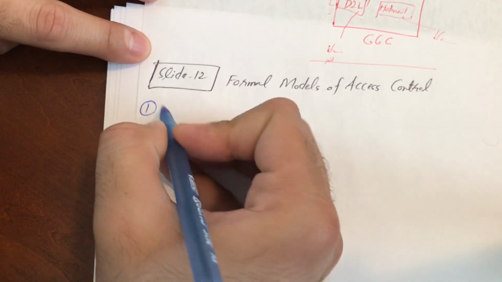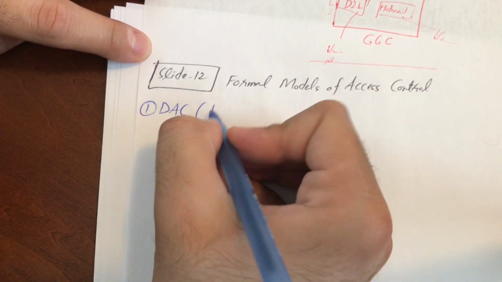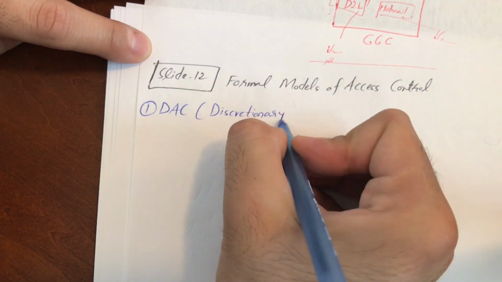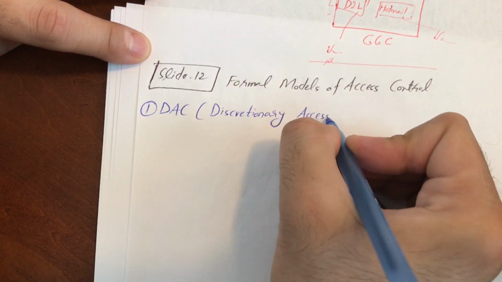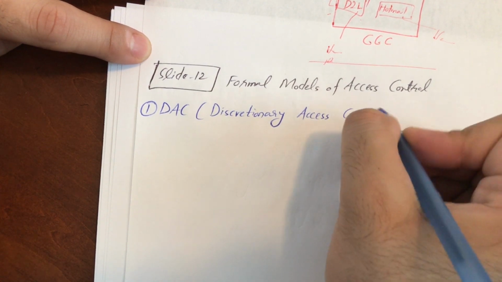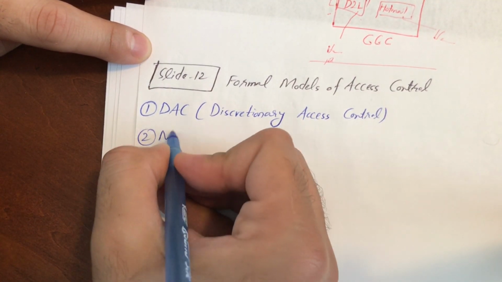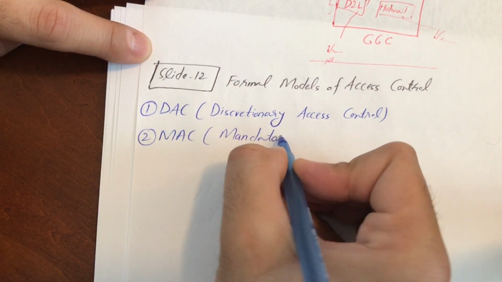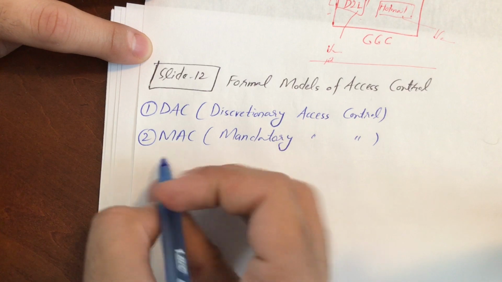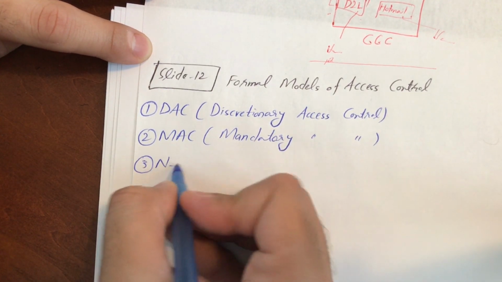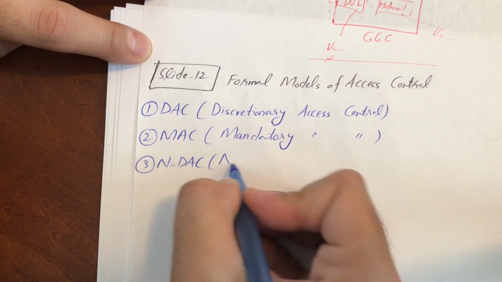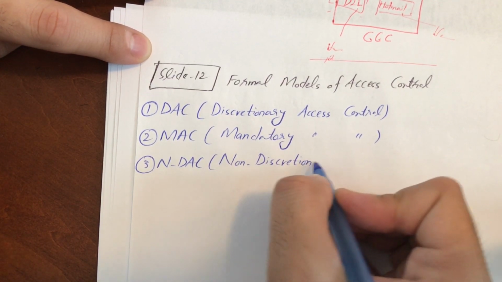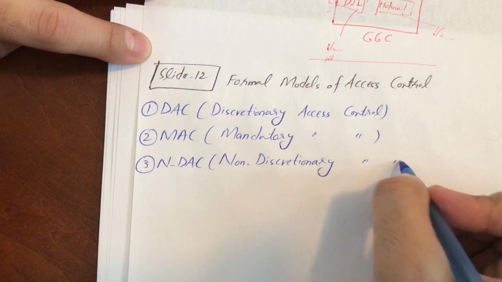The first model is called DAC, short for discretionary access control. The second model is MAC, mandatory access control. The third model is NDAC, which is non-discretionary access control.